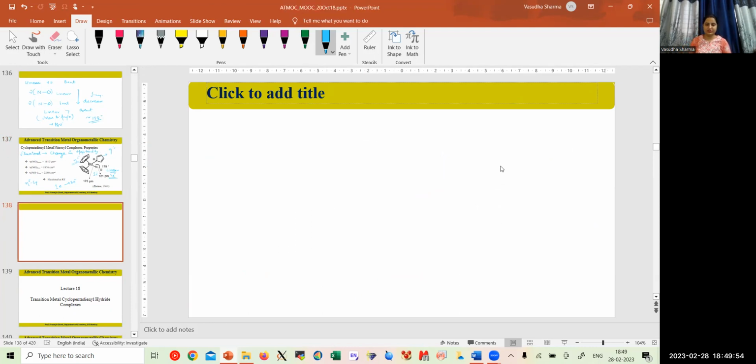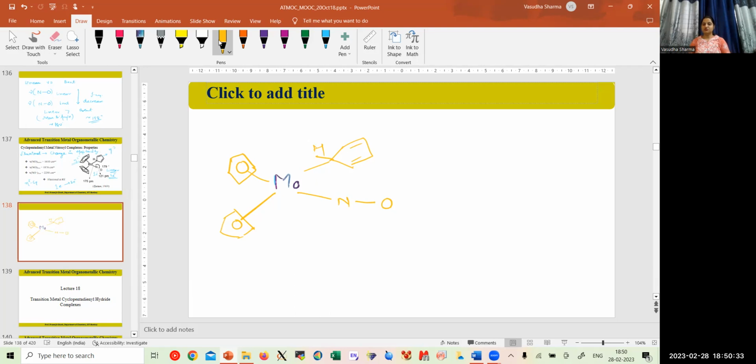So here we have the structure, manganese over there, molybdenum, sorry. So we have molybdenum, where there is one Cp ring, and there is one nitrogen.